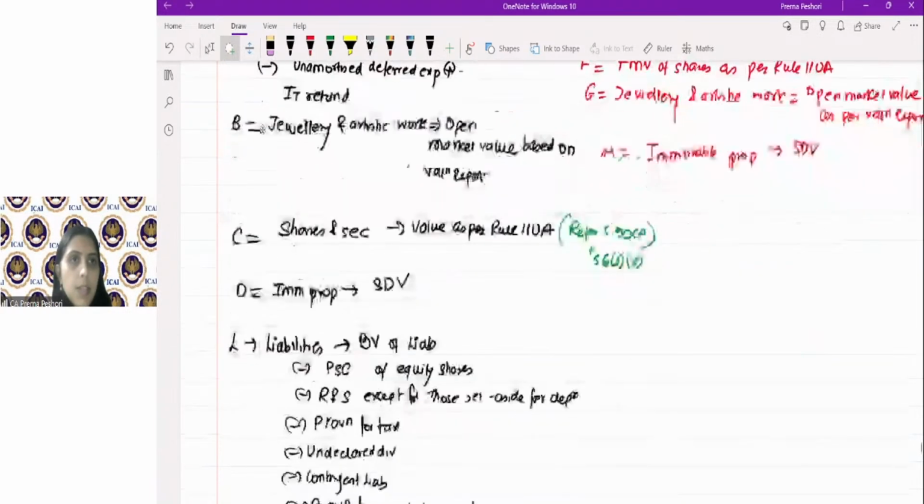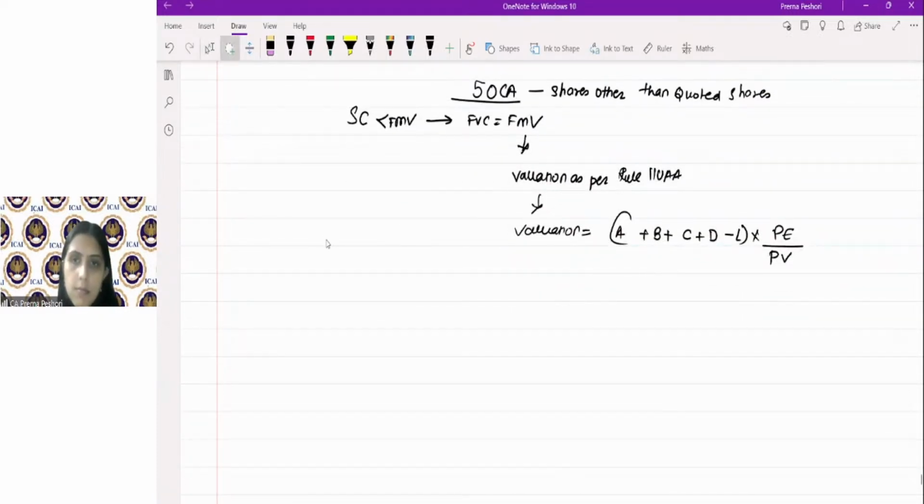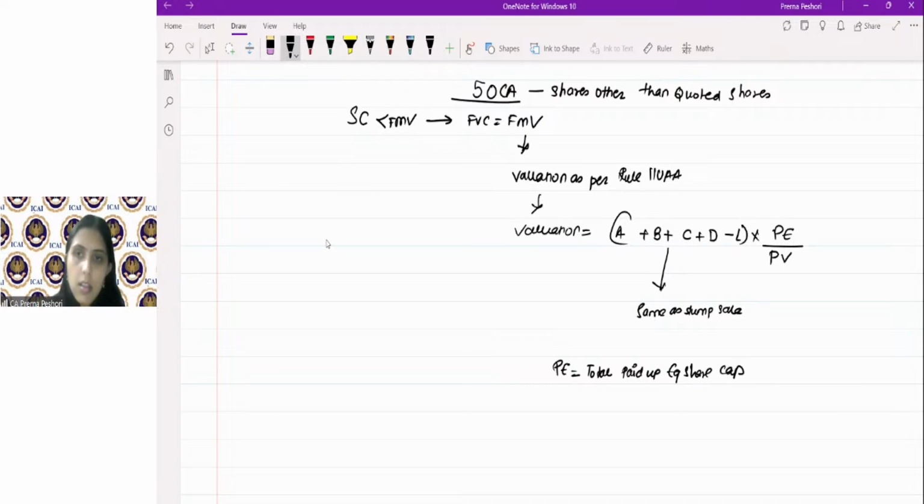Okay, I'm not able to paste it over here, but I can just write it same as slump sale. This is same as slump sale. Now, what is PE and PV? PE is total paid up equity share capital. And your PV is paid up value of share capital.